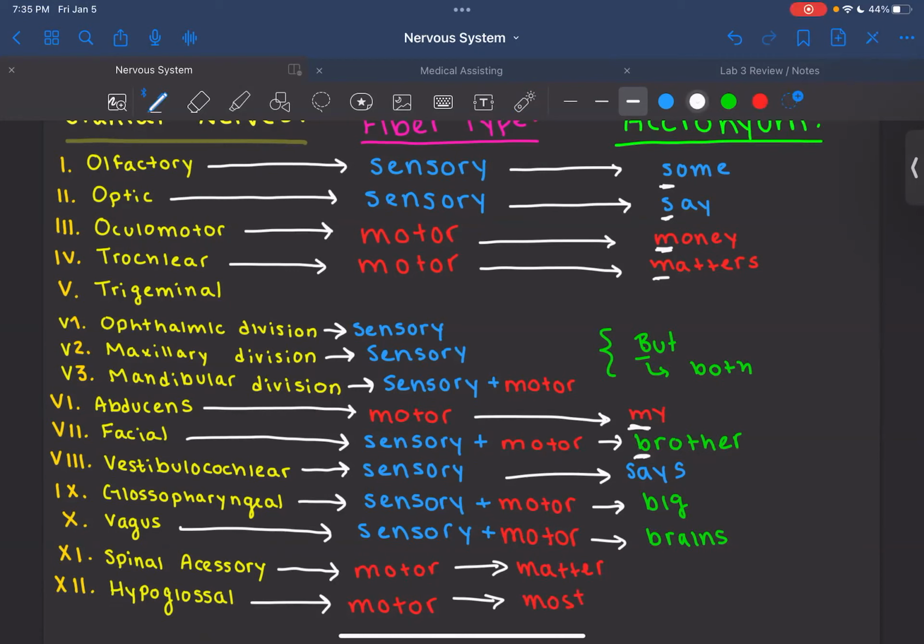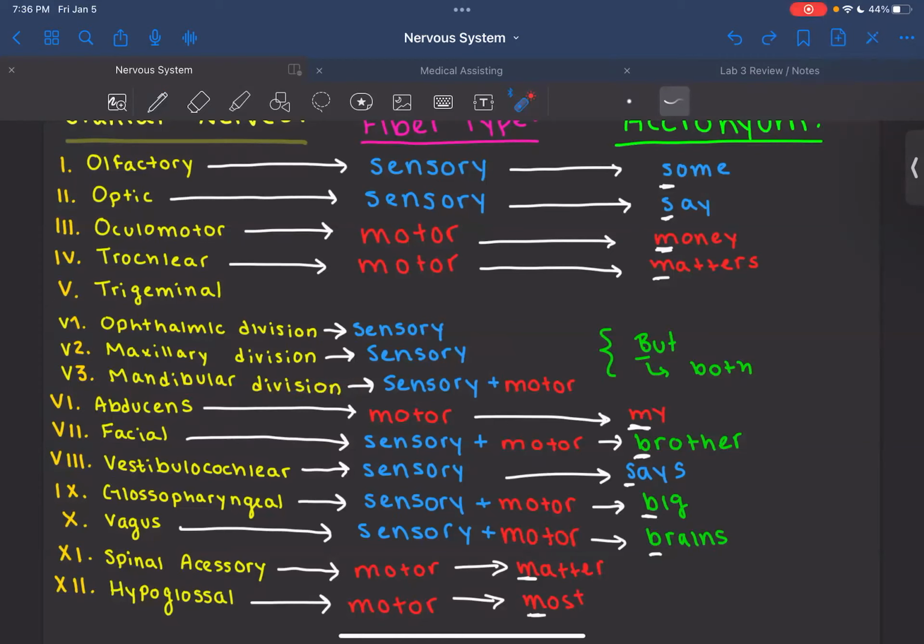But the beginning of all of them kind of indicate what type of fiber types. So if it begins with an S, like "some say," it'll be sensory. If it begins with an M, it's going to be motor. And if it has a B, like "but," "brother," "big brains," those mean both. And the only one that's a tiny bit misleading is the trigeminal nerve here because V1 and V2 obviously both have only sensory, and then the mandibular division obviously has both.